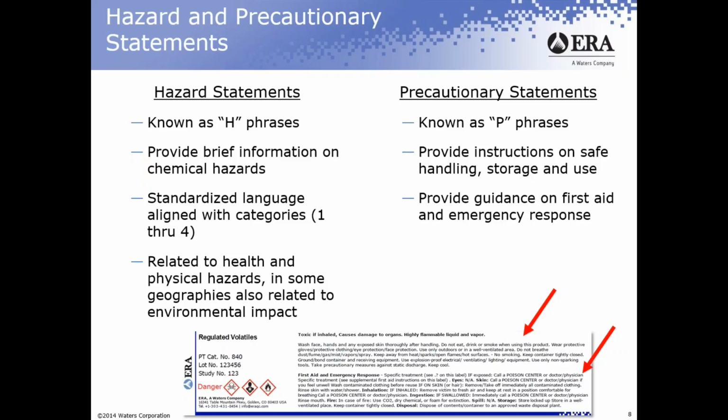The difference is that the precautionary statements look at handling and storage conditions and provide some very limited emergency response or first aid information. So you can see that these two sets of explanations, the hazard statements and the precautionary statements on the specific ERA label, give two different types of information, and it gives complete information, and it's all on one label that will be applied to the ERA product.